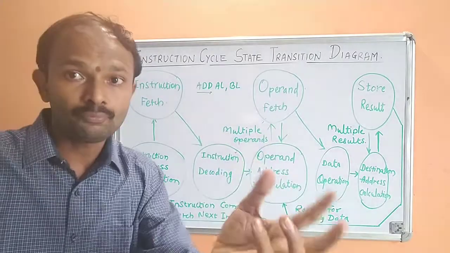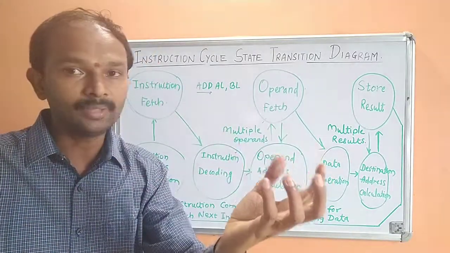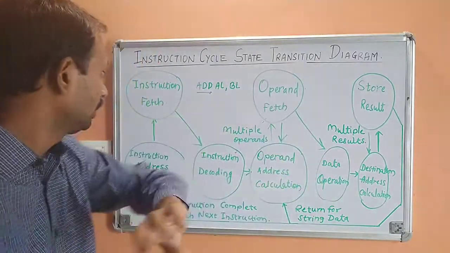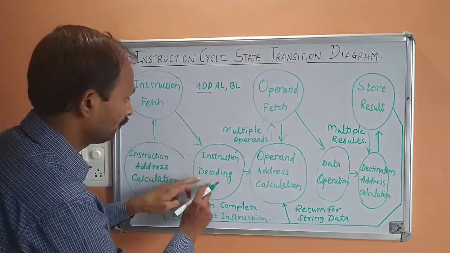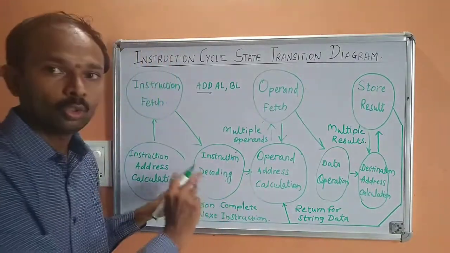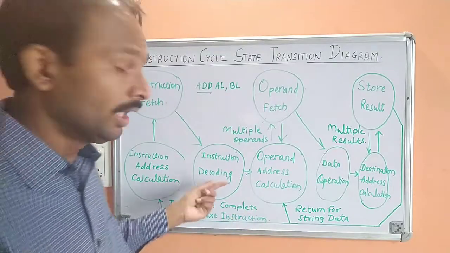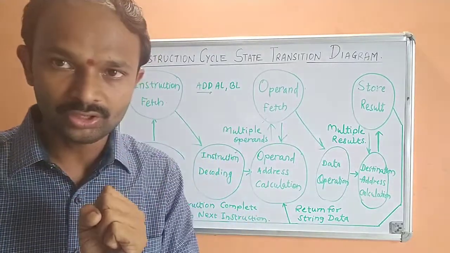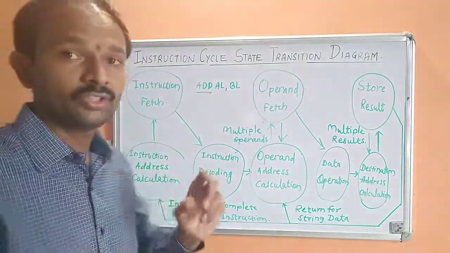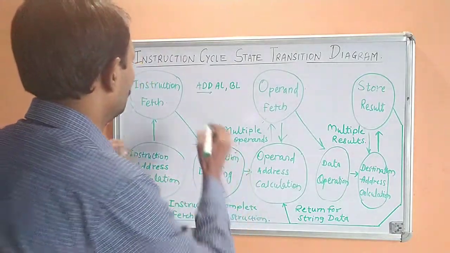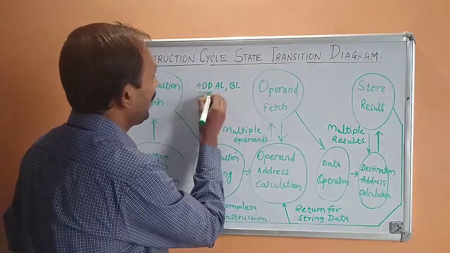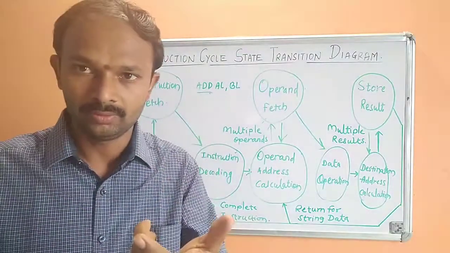Now once we fetch that instruction from the memory system inside the processor, the third step will be instruction decoding. Now what is meant by decoding the instruction? Decoding the instruction means understanding the pattern of that instruction.